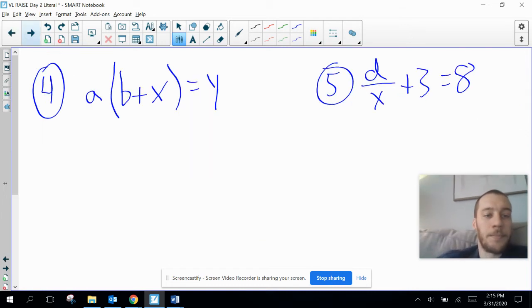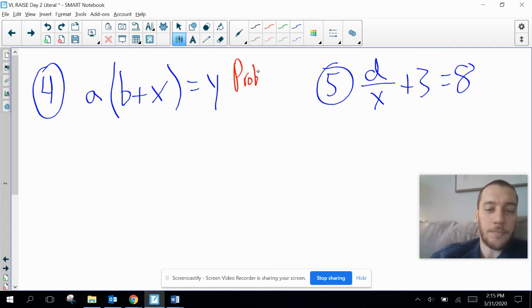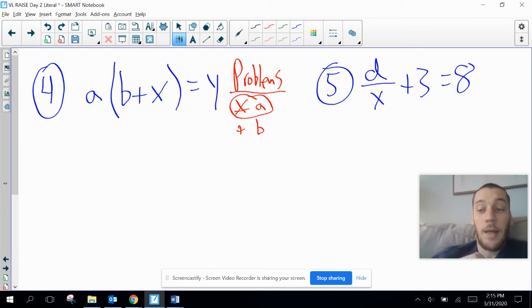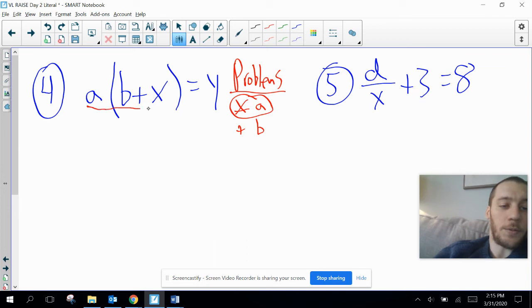Keeping it going. So over here, issues with x, problems. It is times a and added with b. So here's x. Farthest away would be all the way on the outside, a. Trying to do the opposite of this. So inverse operation of times a, we're going to divide by a on both sides.